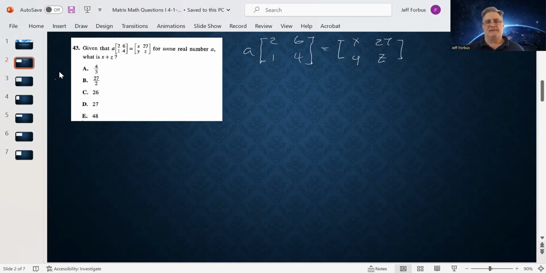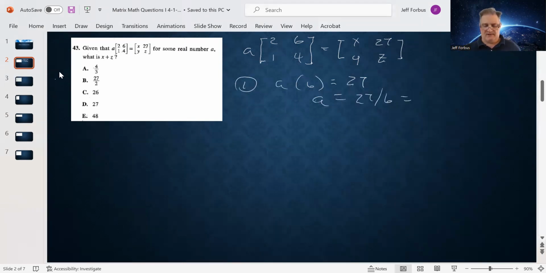So the first thing we need to do is figure out what A is. And to figure out what A is, we're going to say A times 6 is equal to 27. A will be equal to 27 divided by 6, which is going to give us 4.5.